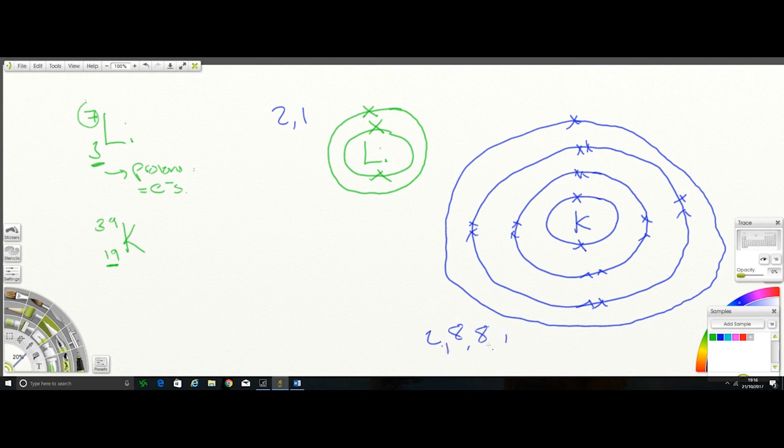Now the question becomes, why is this one more reactive than this one? The key things to remember are, number 1, these are metals. Number 2, metals give away or donate electrons. What you've got to remember is that the nucleus is positively charged, whereas the electrons are negatively charged.